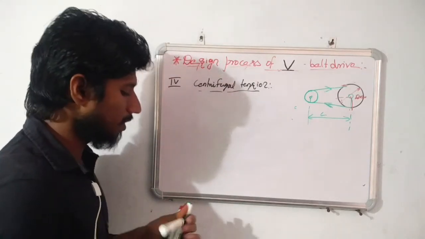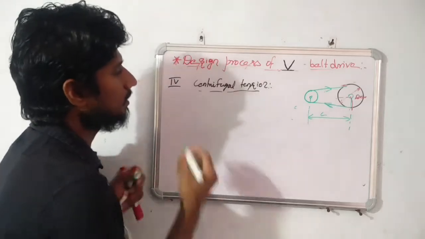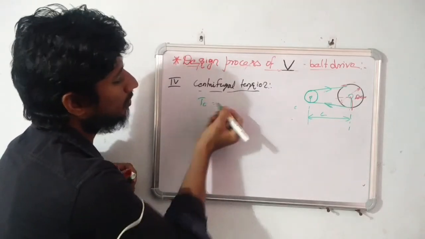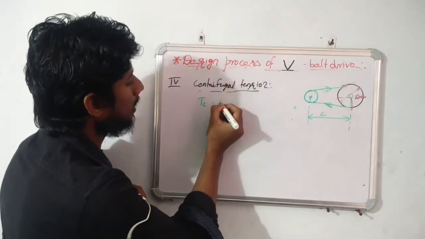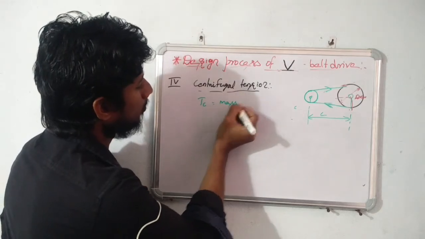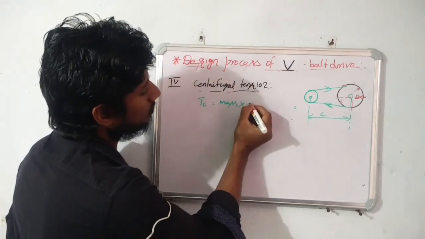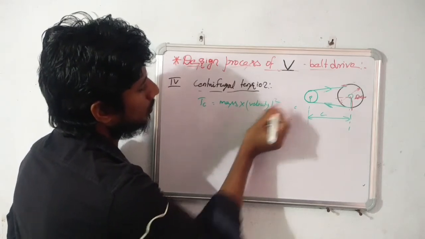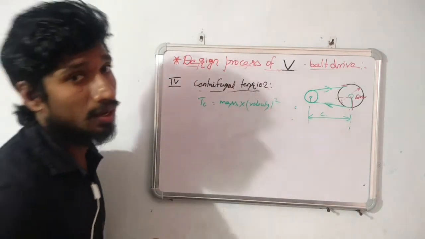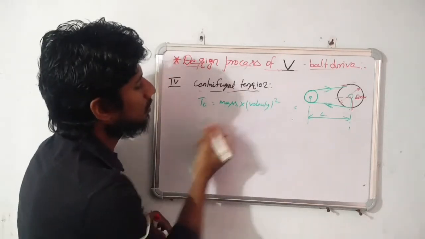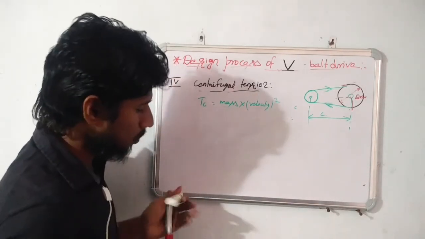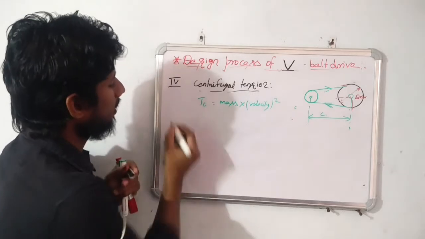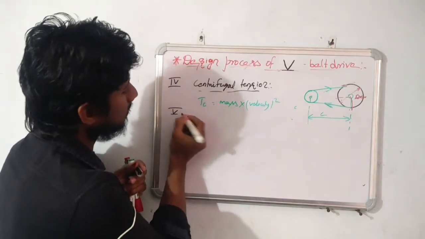It is denoted by T suffix C. How do we get the centrifugal tension? Mass of the belt into velocity square. Here we already know the velocity, but we don't know the mass. So that's why we consider the mass as another step.